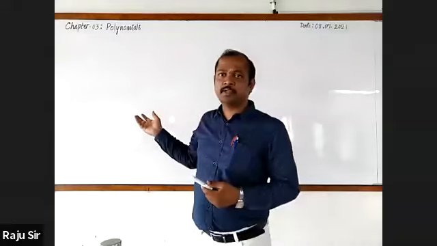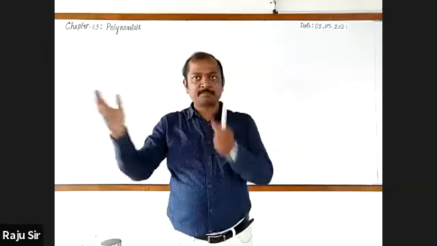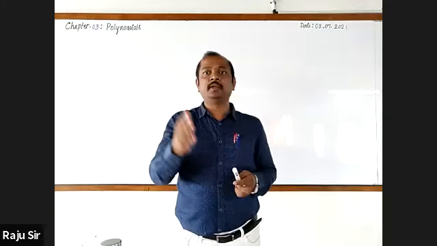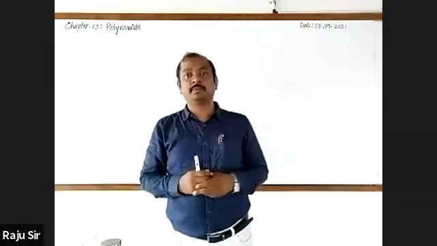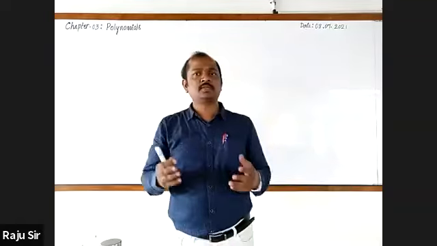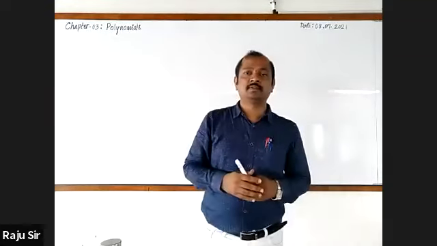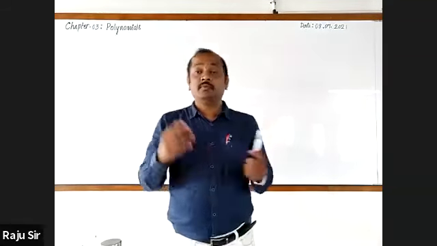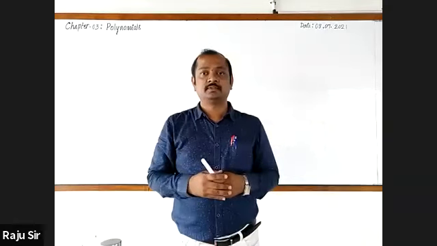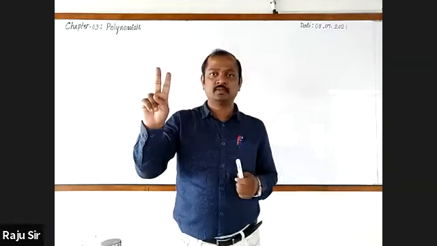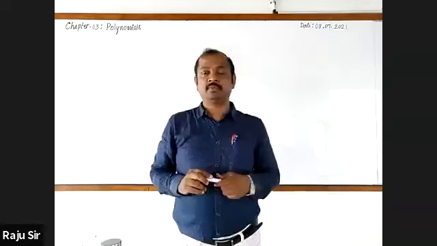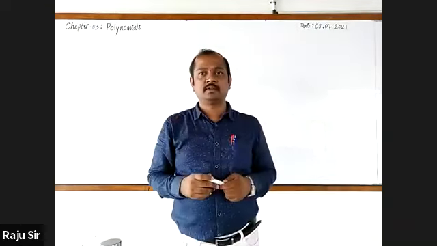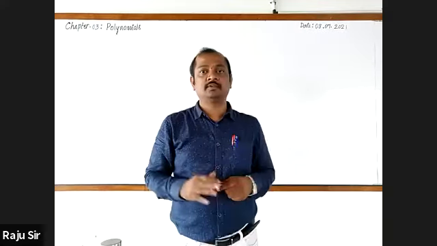With respect to polynomials, the method of expressing the polynomial as the product of its factors is called factorization of polynomial. Students, could you tell in how many ways we can factorize? Two ways. First one is splitting the middle term, and second one is the factor theorem method, right?